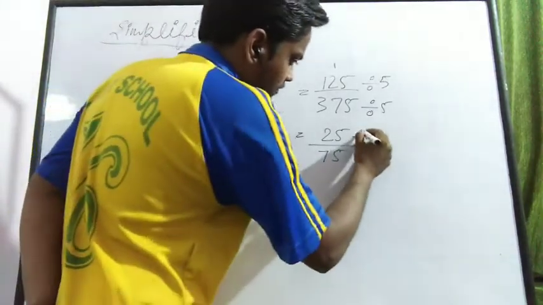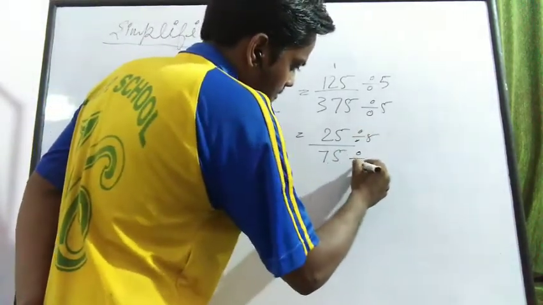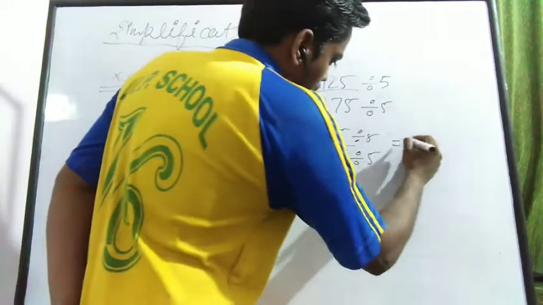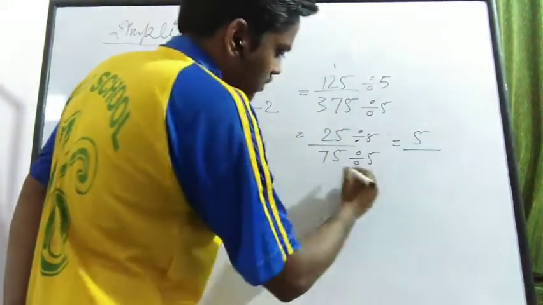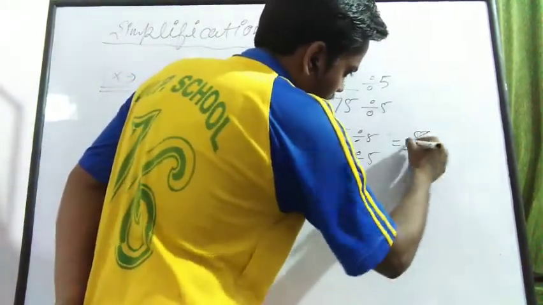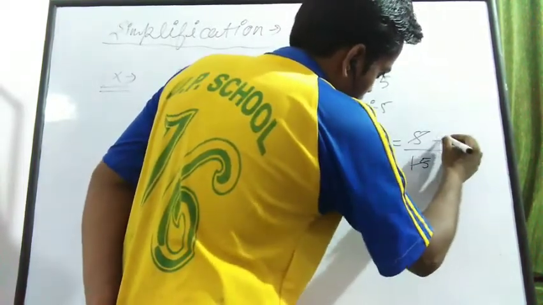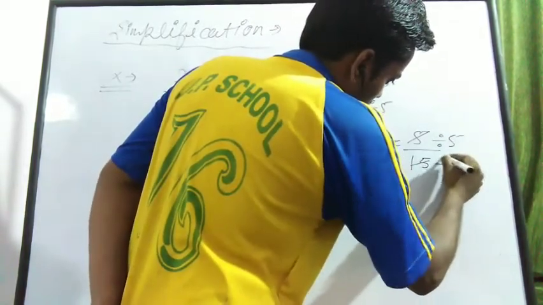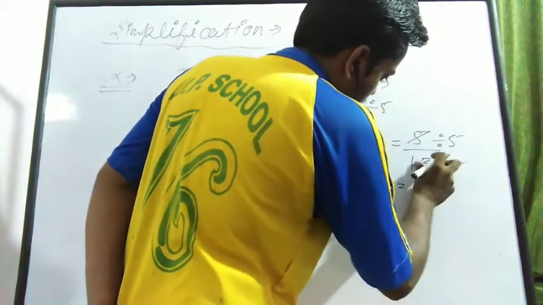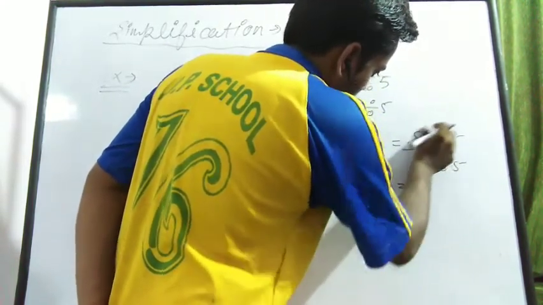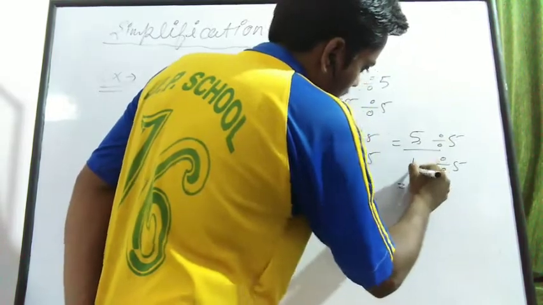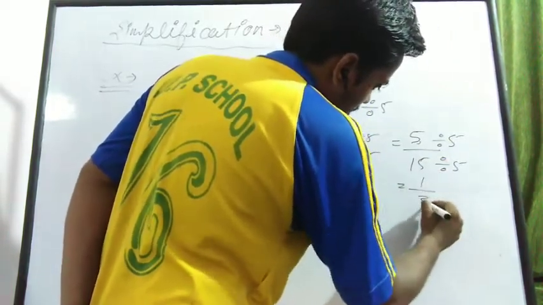Again 5 upon 5 and 5 5s are 25. Again, divided by 5. Here is 5, here is 15, it will become 1 upon 3.